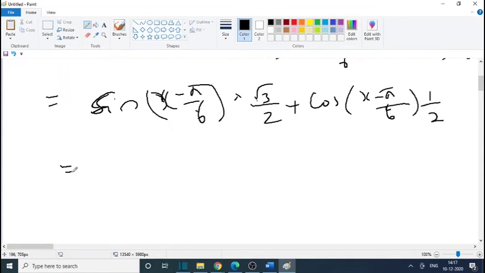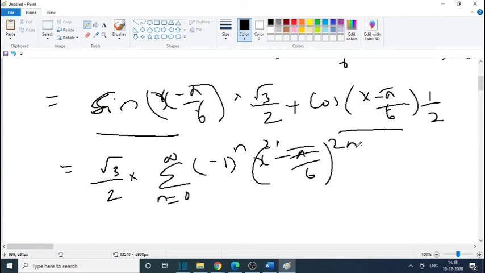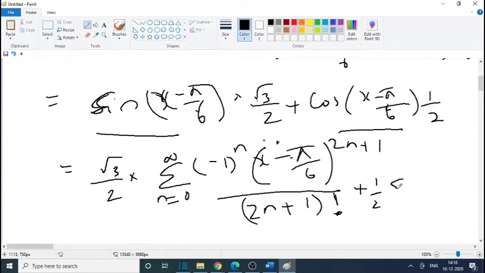Now we can use the formula for sine series and cosine series. So this is root 3 by 2 into the sine series, sigma n equal to 0 to infinity, minus 1 raised to n, (x minus pi by 6) raised to 2n plus 1 by (2n plus 1) factorial, plus 1 by 2 into sigma n equal to 0 to infinity, minus 1 raised to n, (x minus pi by 6) raised to 2n by (2n) factorial.